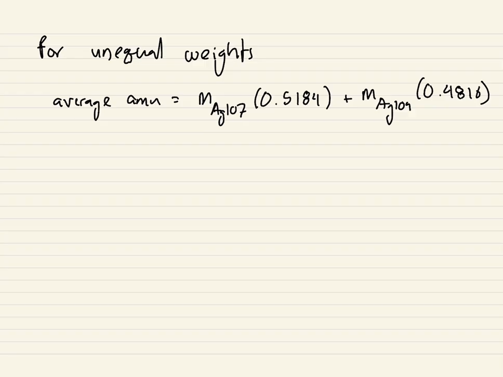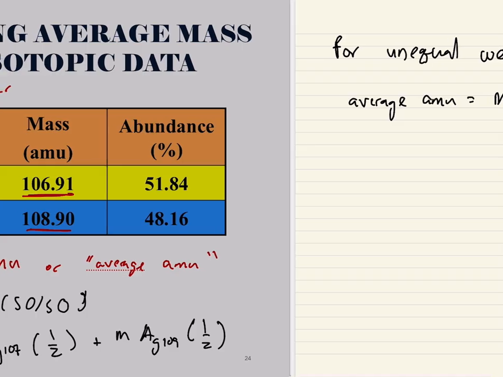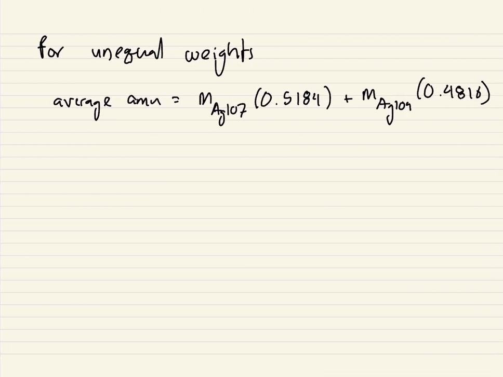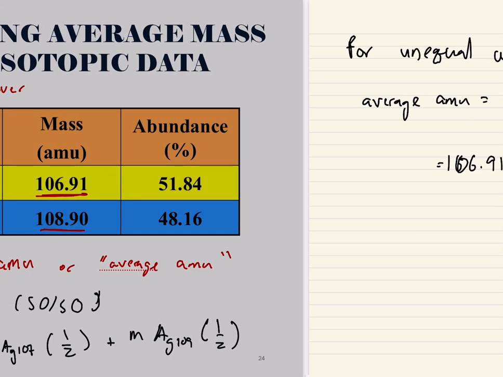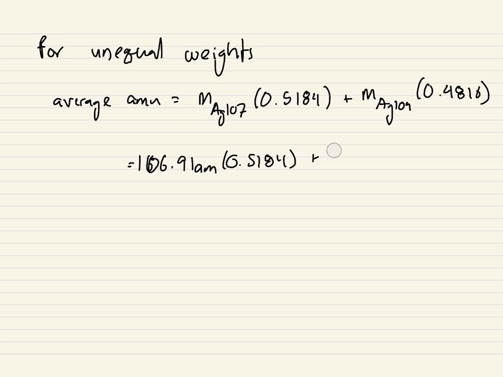If I go back and plug in values, that's 106.91 AMU times 0.5184 plus 108.90 times 0.4816.